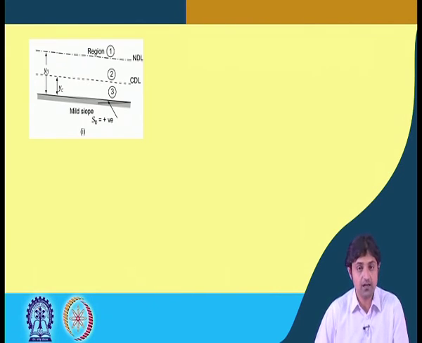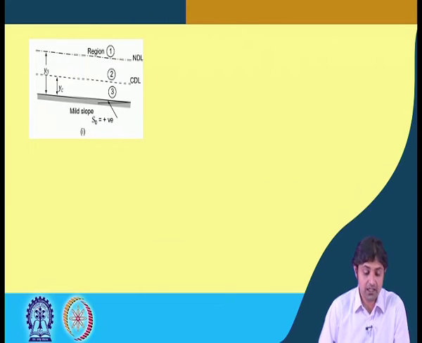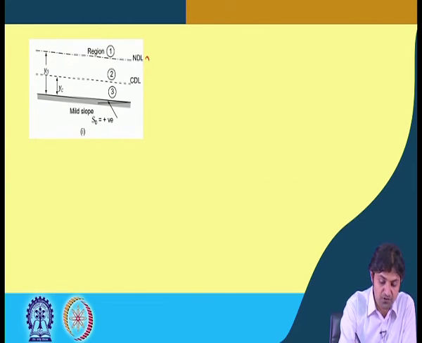So, this is an example. This diagram number 1 indicates, in case of a mild slope, 2 regions. What was the criterion? The normal depth. So, this is normal depth and this is critical depth.